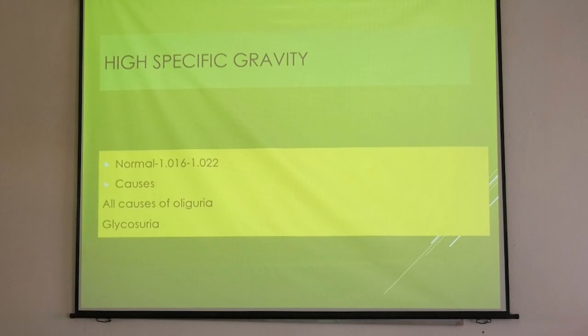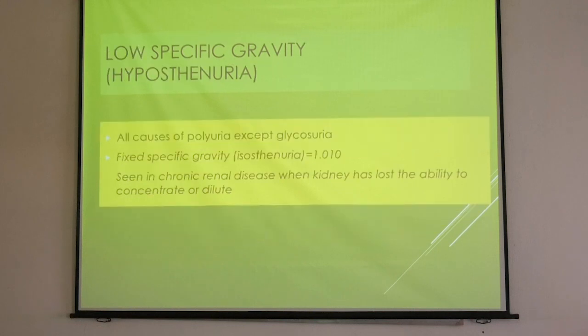High specific gravity can be due to oliguria. What is happening in oliguria? Less urine. The person is passing less urine, but concentrated urine. Low specific gravity: the person will pass more urine.